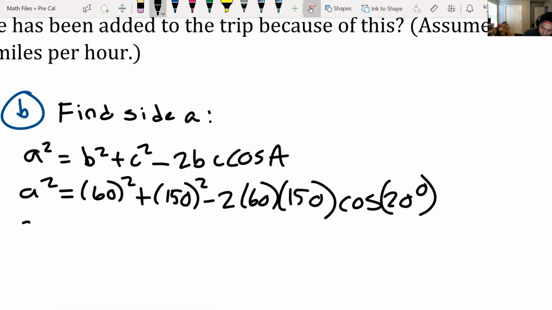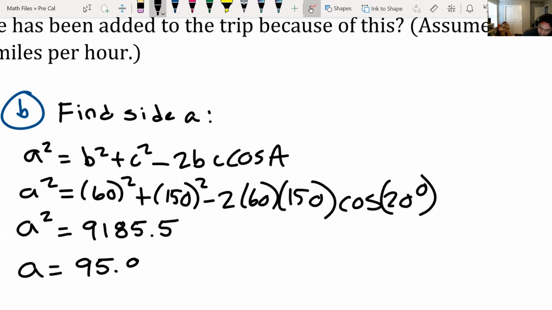Okay, let's type everything in. So 60 squared plus 150 squared minus 2 times 60 times 150 times the cosine of 20. I get 9,185.5. And then square root that answer, and we get A is 95.84.